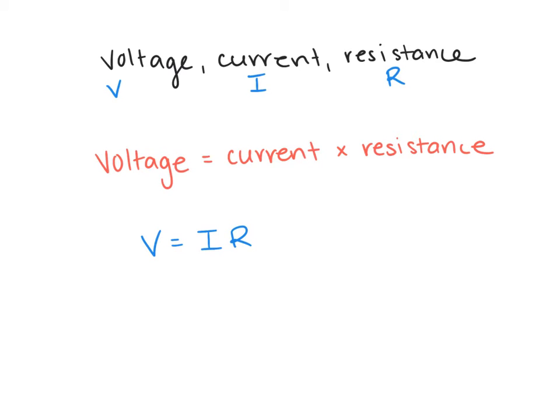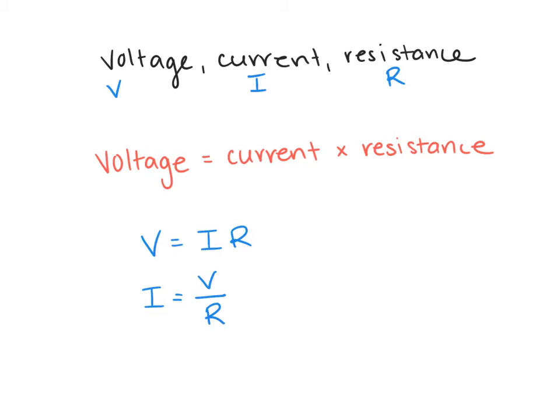So what ends up happening is we end up with the current equal to the voltage divided by the resistance. So I, current, equals V, voltage, divided by, which is what the fraction bar means, R, resistance.